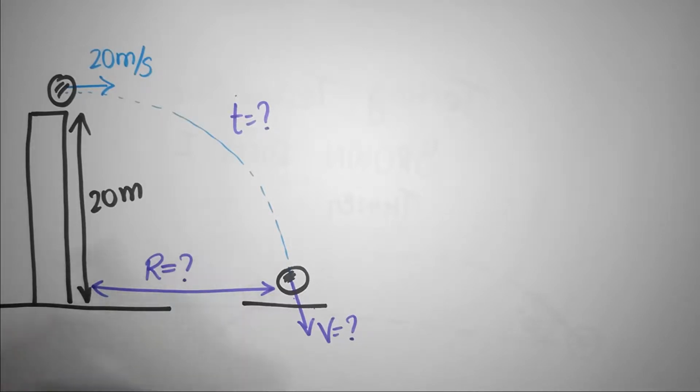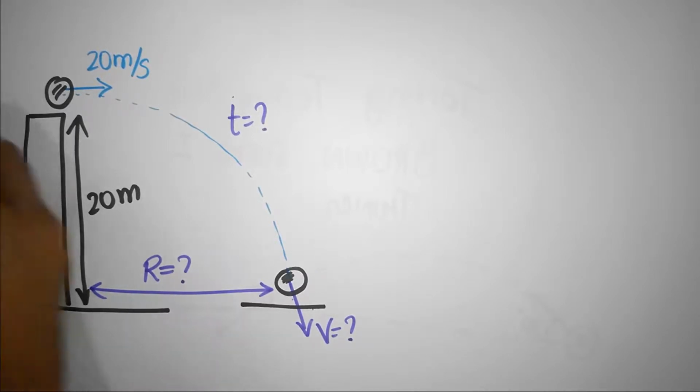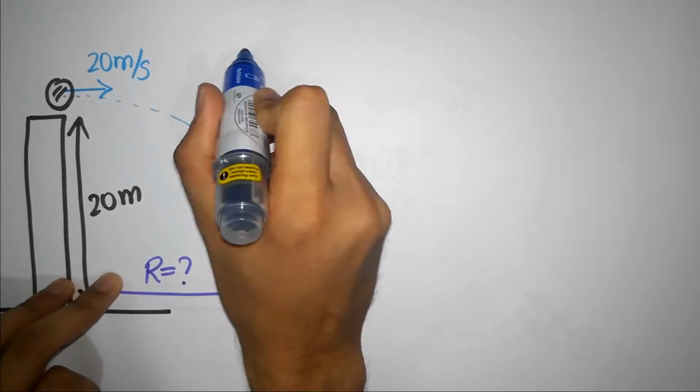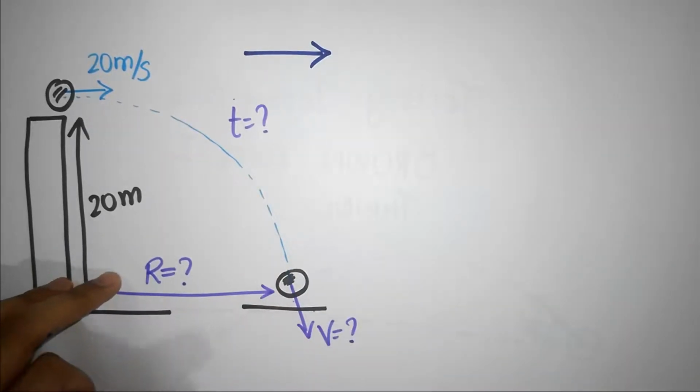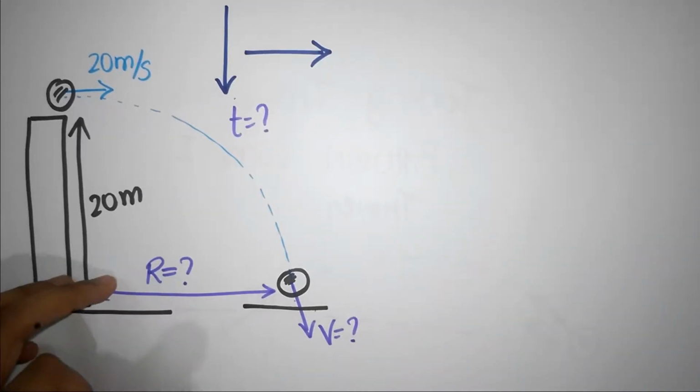Let's begin. To begin solving this, we're going to talk about 2 perpendicular directions. One along the horizontal, which I'm going to mark over here. This is my horizontal, and one along the vertical, and the vertical will be downwards.